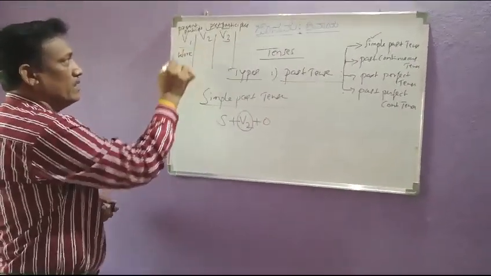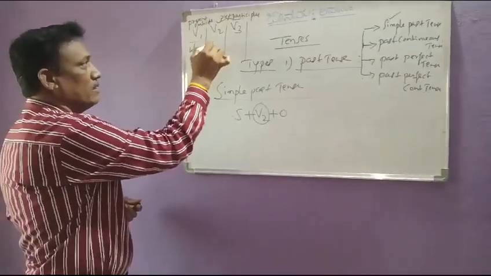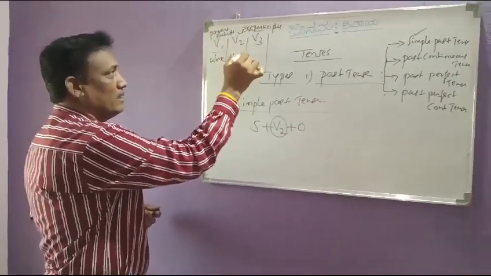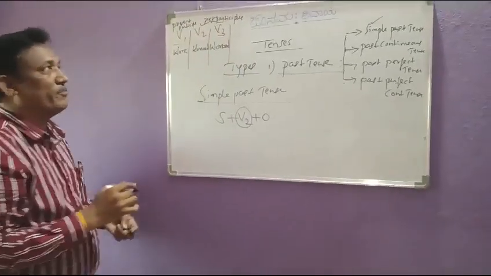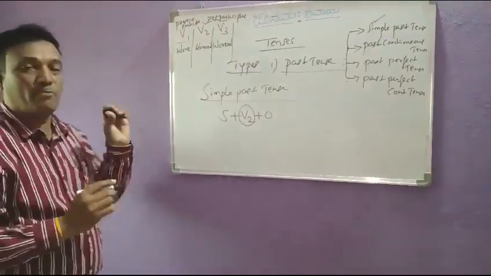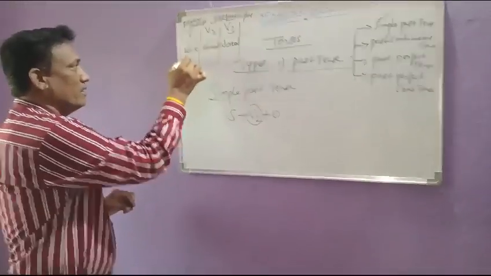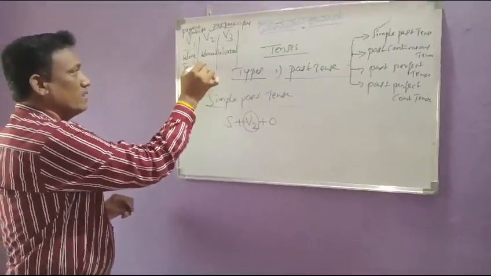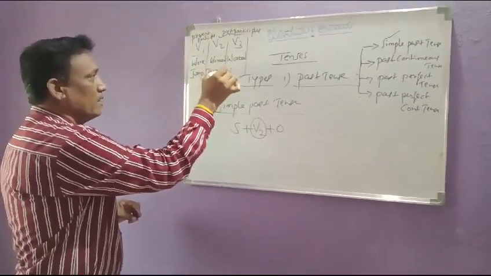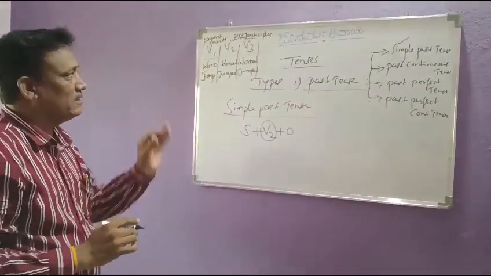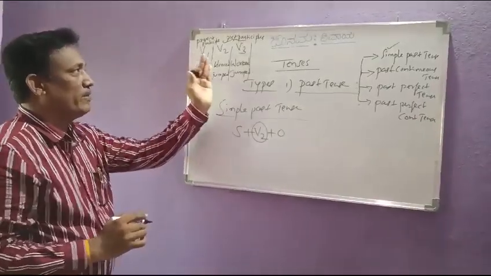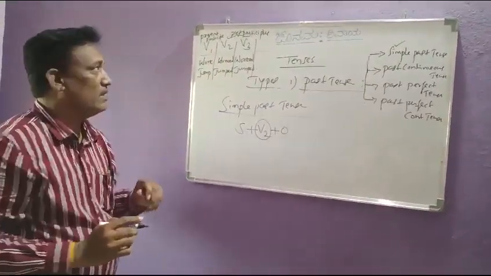Work. Work is V1, worked, and this is also the same, worked. Sometimes V2 and V3 will be the same for some words. For example, another word I will take: jump. Jumped and jumped. So these are similar. In some words, V2 and V3 will be the same.